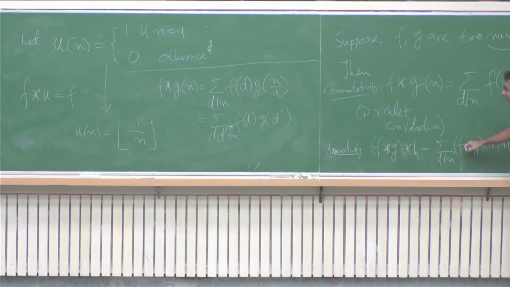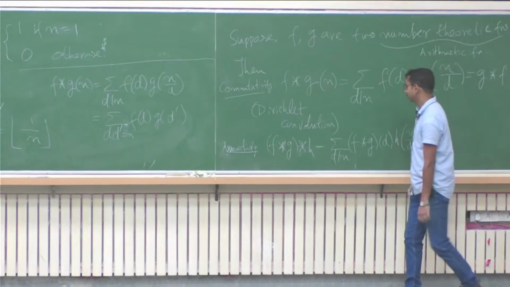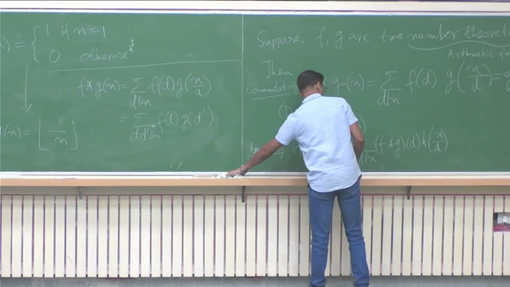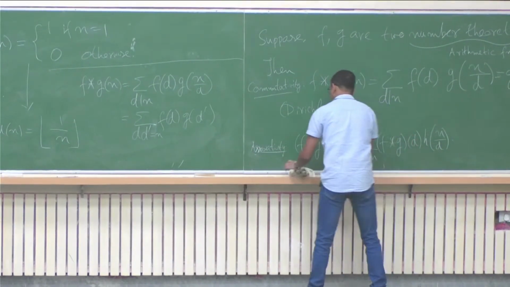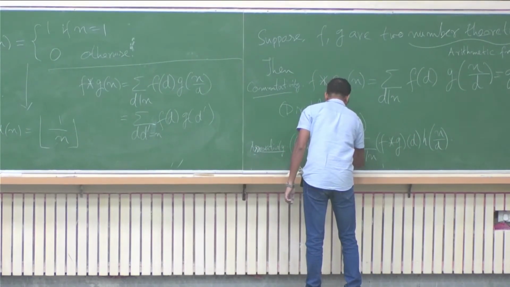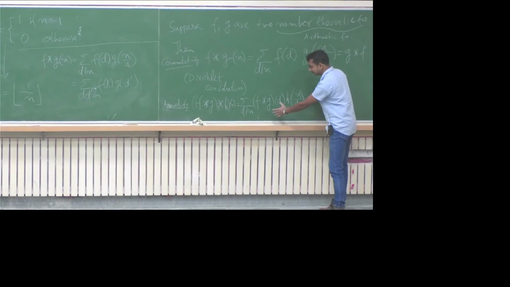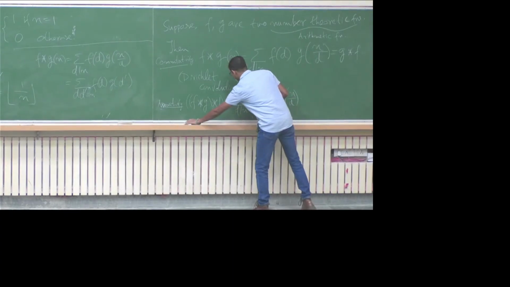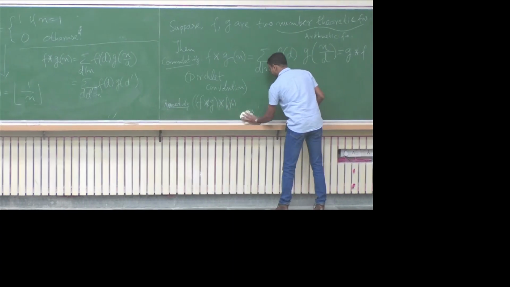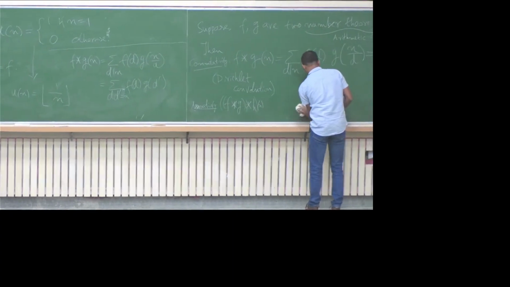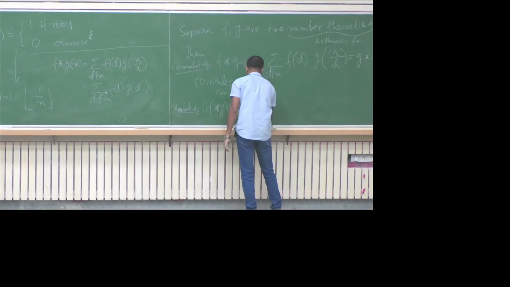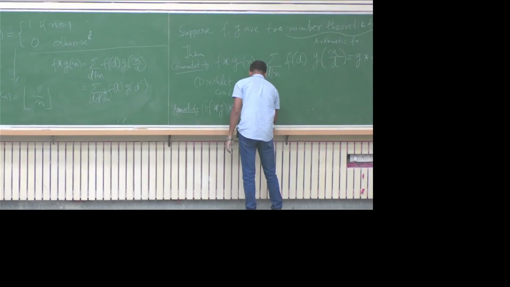So if we do it like this, instead of writing it in this manner, we can write it as a product over three things.